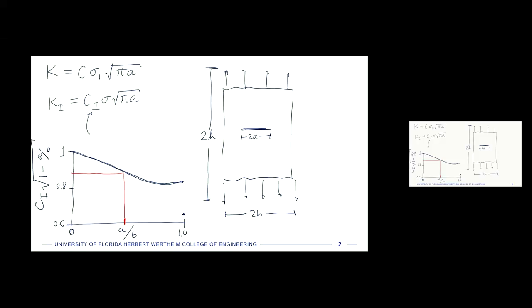And then we can write down that C1 times the square root of 1 minus a over b, with a over b being 0.5, is equal to whatever the value is that we read off. So somewhere right between 0.8 and 1, we'll call it 0.9.